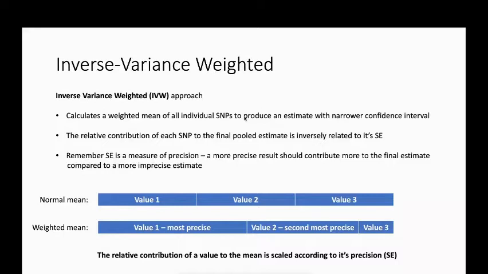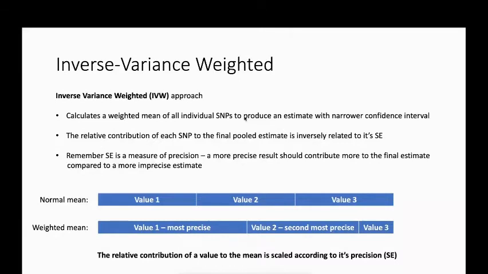Because of this, the argument is that SNPs which have a smaller standard error, i.e. they're more precise, should contribute more to the final estimate compared to a more imprecise estimate. So we are weighting the contribution of each SNP to the pooled estimate according to its precision.